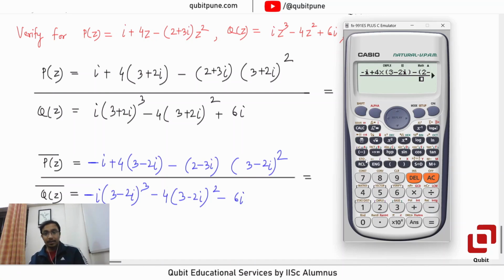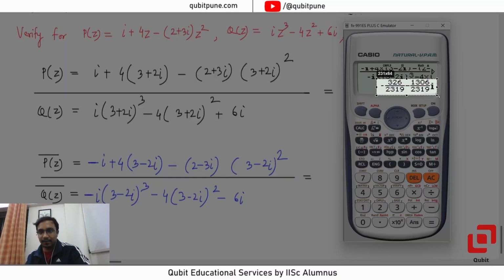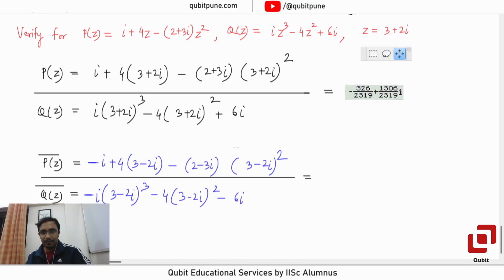Denominator: negative i into bracket 3 minus 2i bracket closed cubed minus 4 into bracket 3 minus 2i bracket closed squared minus 6i. See? So we have verified this result also.